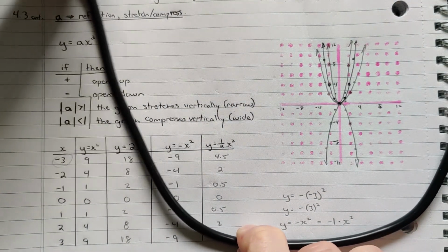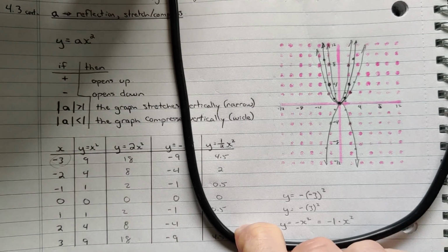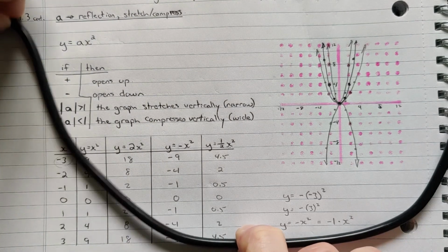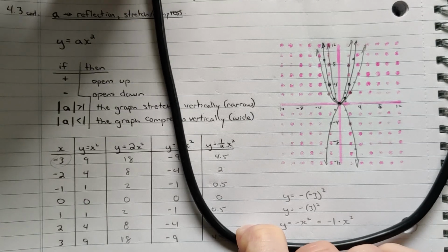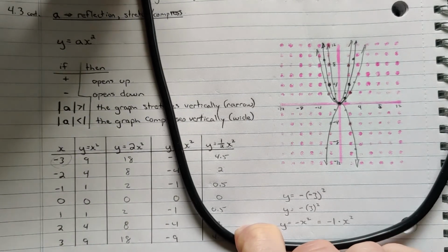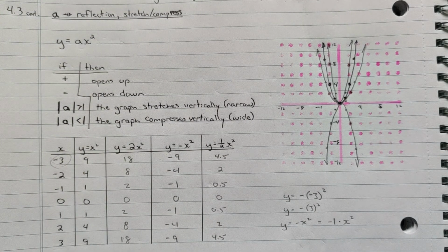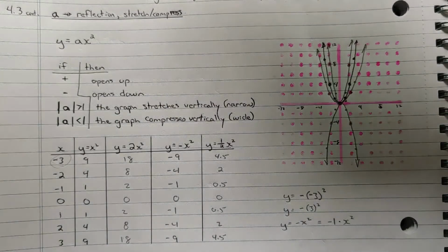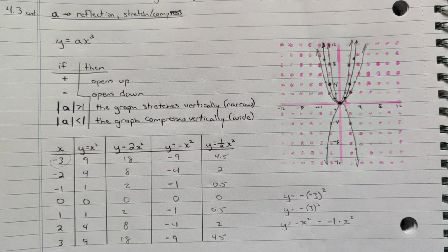So the sides get wider or narrower as I stretch it out or try and compress it. Okay, so that's what stretch and compress means, and those are the proper terms that we use. But you can say it gets wider or narrows as well.